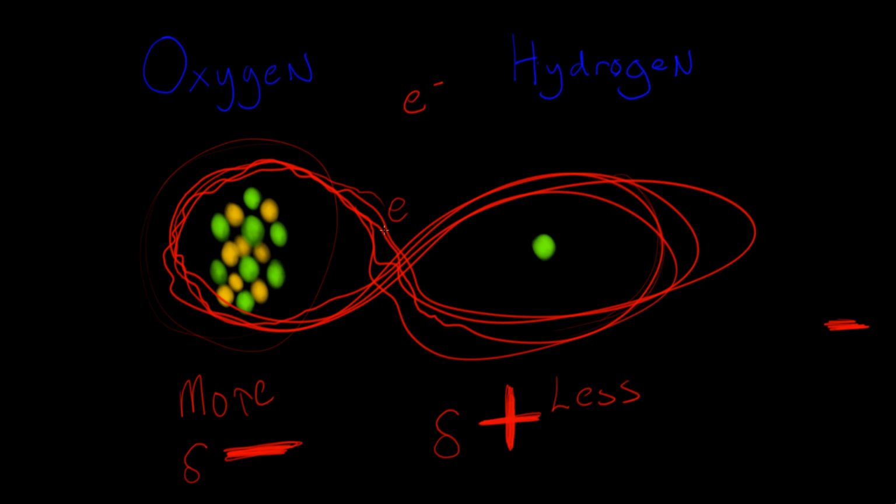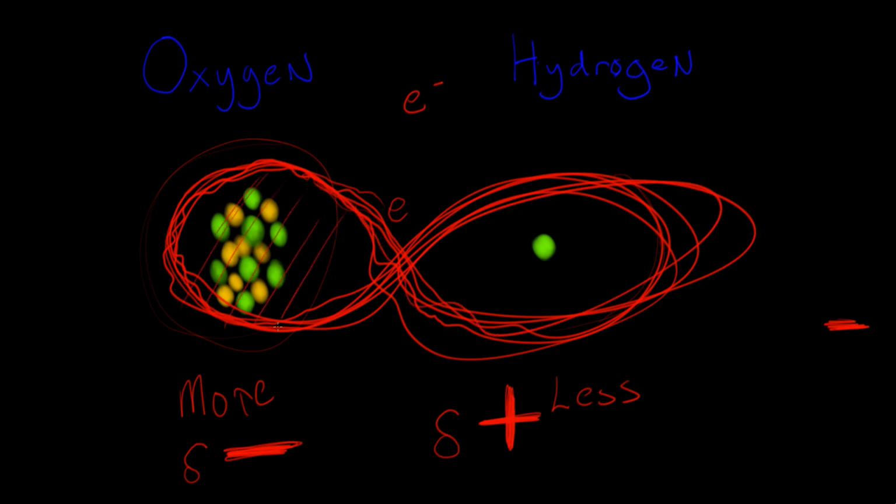Because that negatively charged electron is around oxygen more and around hydrogen a lot less, the side with the oxygen has that electron over here more.